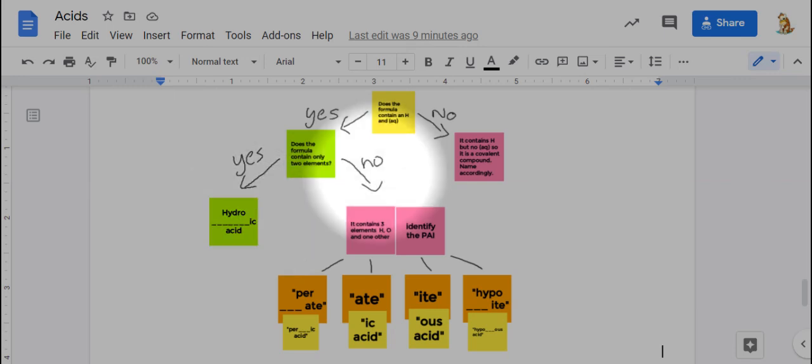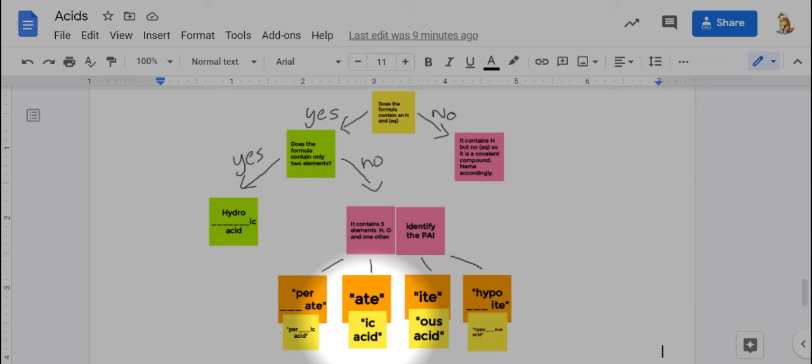If the answer was no, there's more than 2 elements, there's hydrogen, oxygen, and 1 other element, then you're dealing with an oxyacid or cyanic acid. So you have to identify the polyatomic ion that's in it. So once you identify the polyatomic ion, you follow the rules.